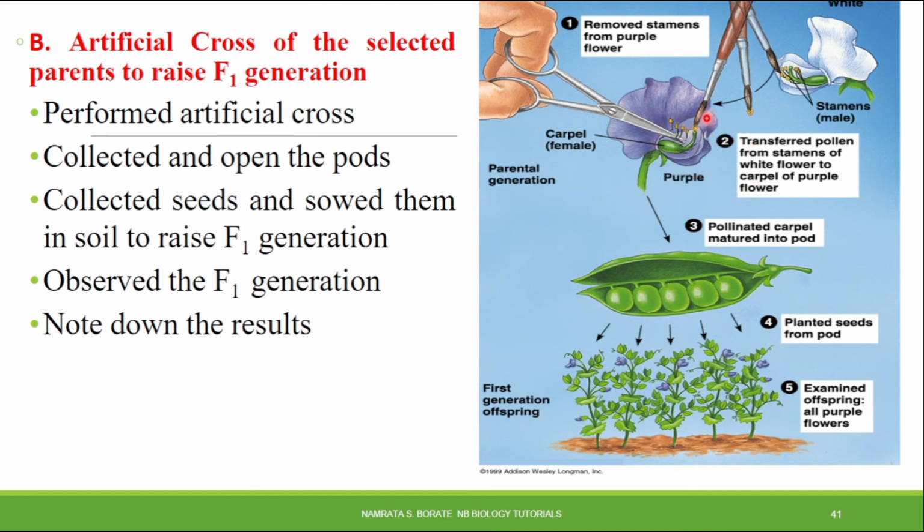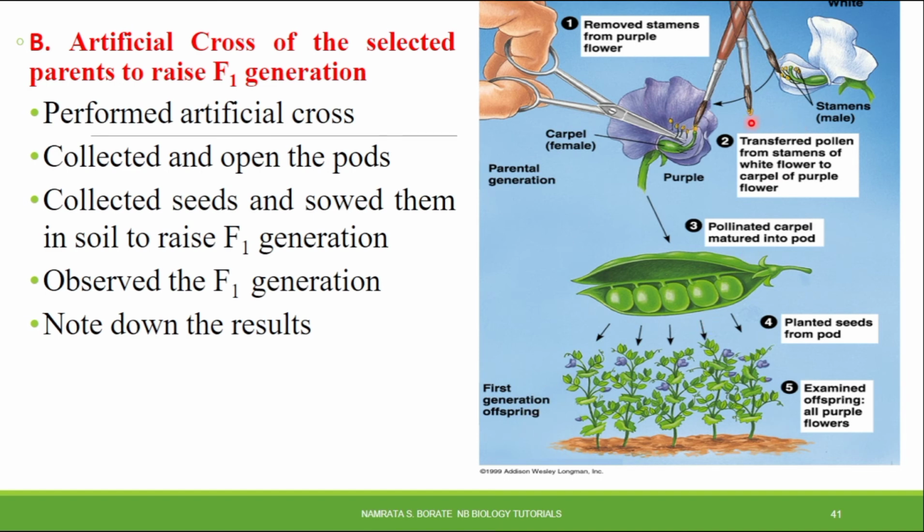Means the removal of the stamen before anthesis, and the pollen is dusted on the stigma of the female flower. That is, he performed the artificial cross. He collected and opened the pod, collected the seeds and sowed them in the soil to raise the F1 generation. That is called the first filial generation.